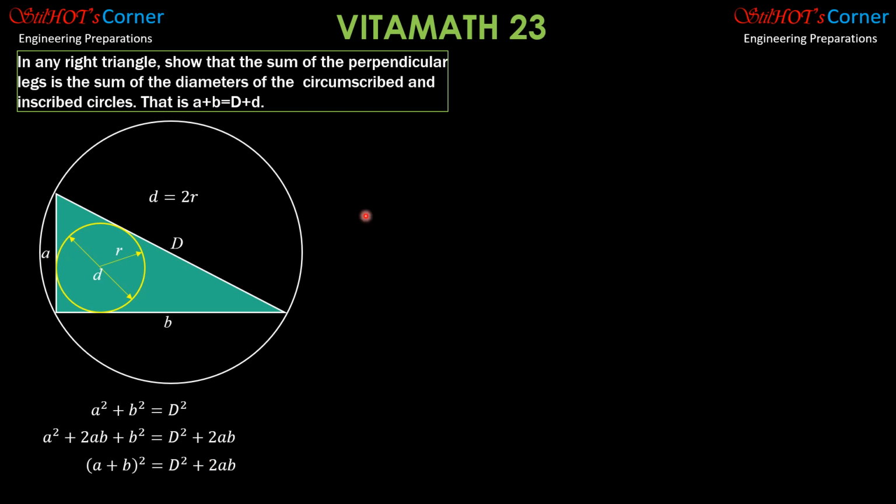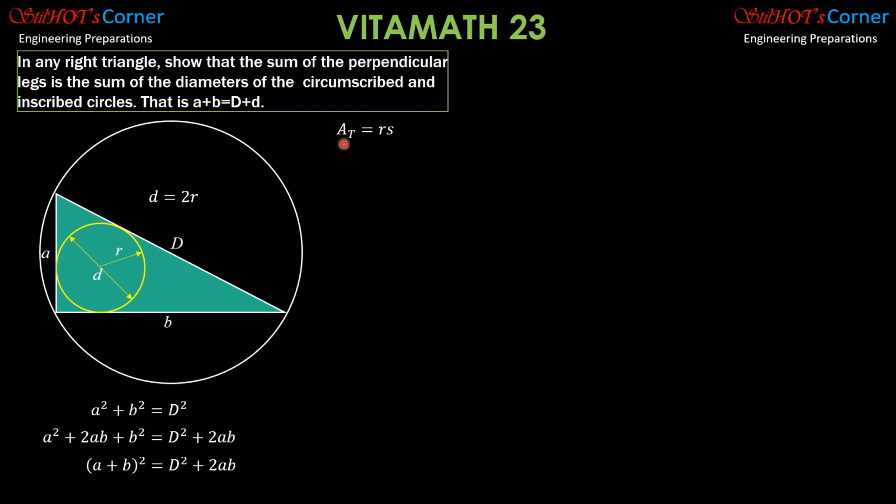So we then enforce the area of the right triangle, which is 1/2 base times height, and equate it to the radius of the inscribed circle times half the perimeter s. So that is area of triangle equals radius of inscribed circle times half the perimeter s, and I think you're familiar with that.